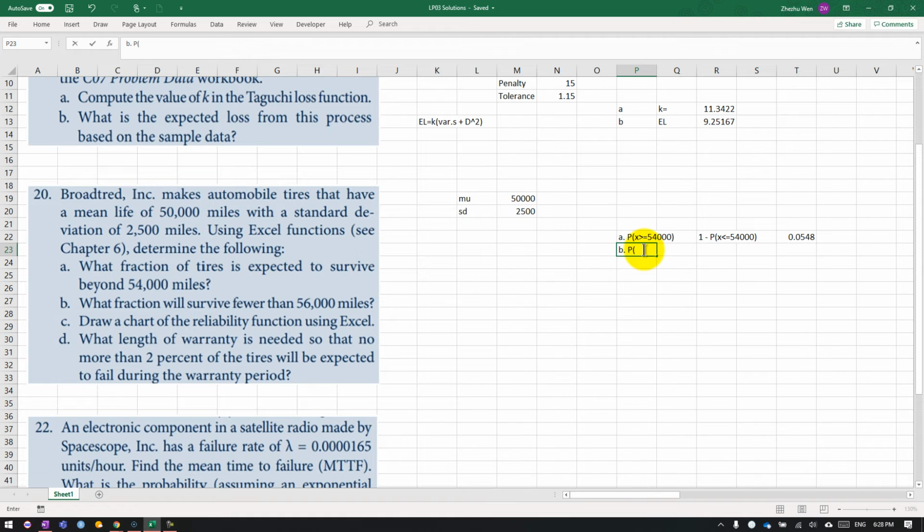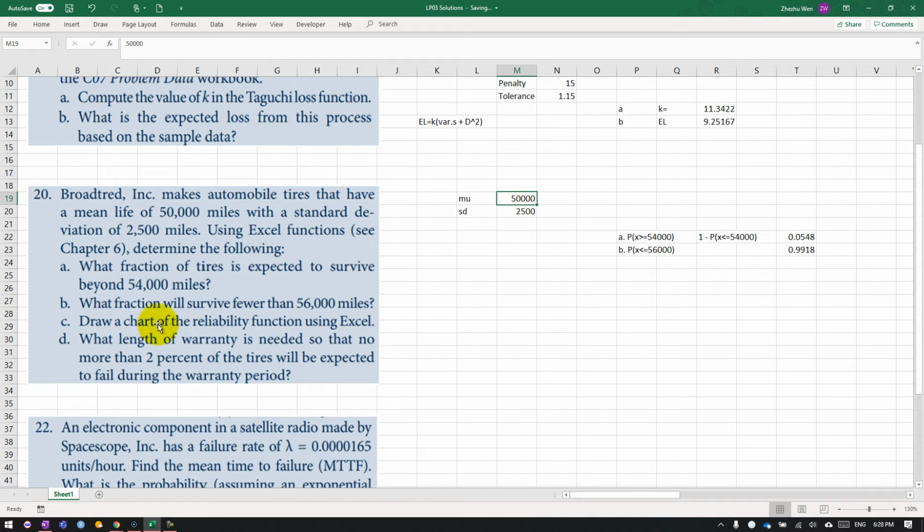B is P of X less than or equal to 56,000. This is NORM.DIST of 56,000 when the average is 50,000, 2,500, and true. Yeah, this is a pretty plausible result. Nothing can last this long when the average is only like 50,000.